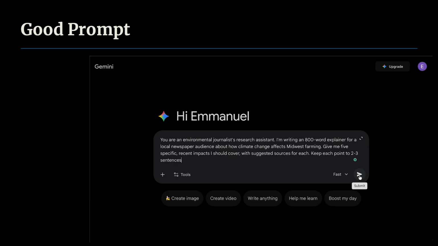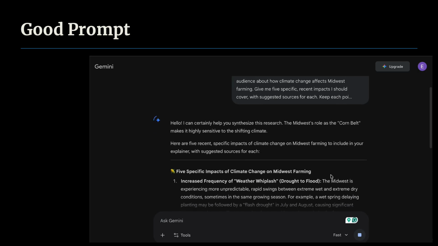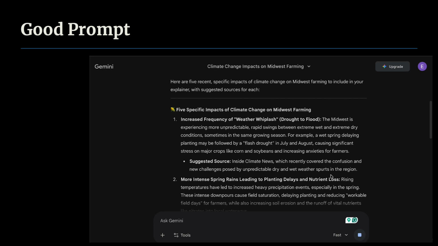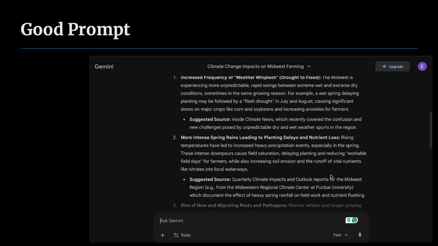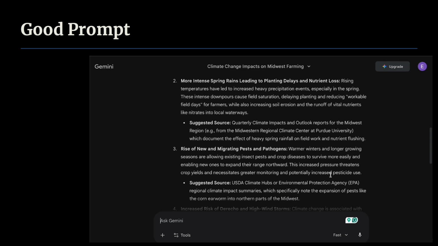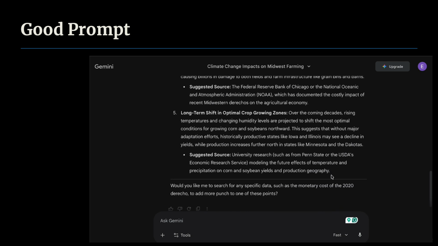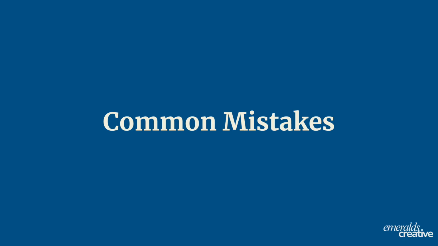Keep each point to 2 to 3 sentences." Look at the difference. The AI knows exactly its role. It knows its audience. It knows the format. It knows the constraints. The output is focused, specific, and actually useful. Same tool, completely different results. The only difference is the prompt.